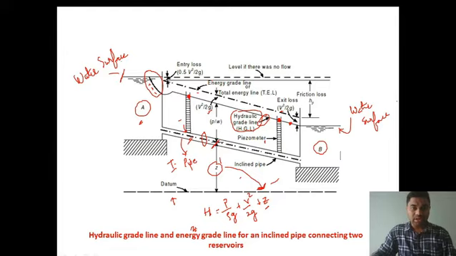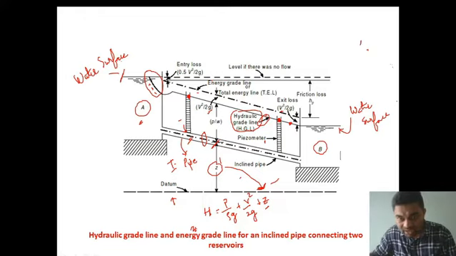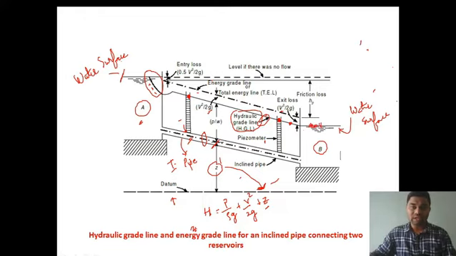When you look at reservoir B, this hydraulic grade line meets the surface of reservoir B, whereas at reservoir A it falls below the reservoir surface. There is an abrupt change in this region.